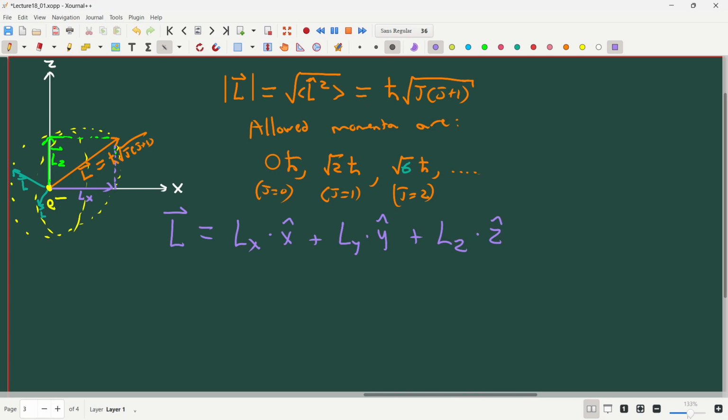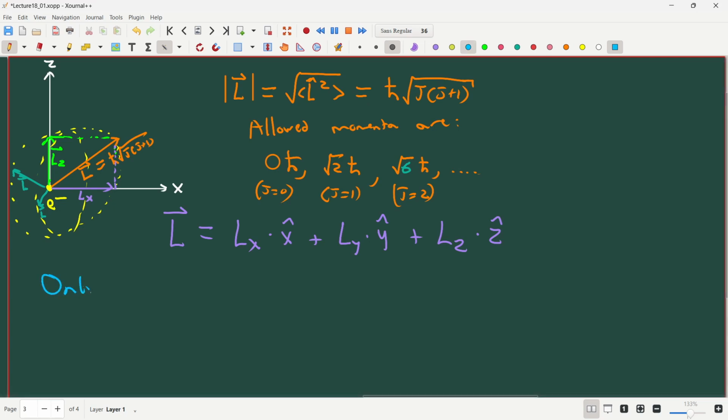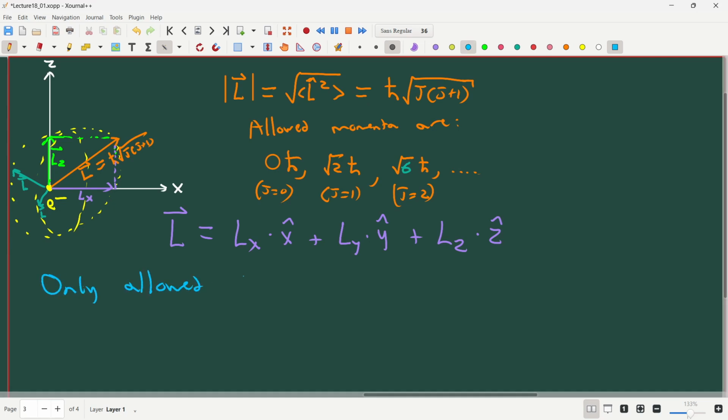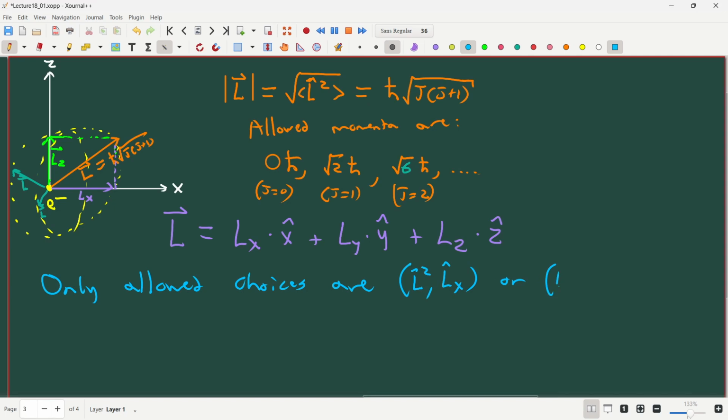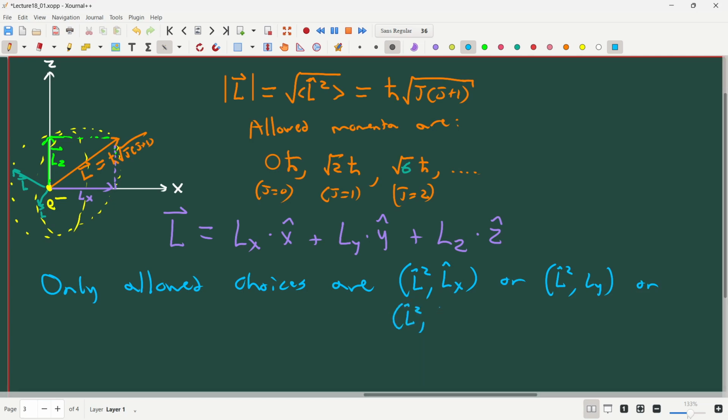Unfortunately, quantum mechanics tells us that we can only know one of them. We can make a choice. We can know one of the directions and not the other ones. So the only allowed choices of things that I can measure are L squared with Lx, or L squared with Ly, or L squared with Lz.